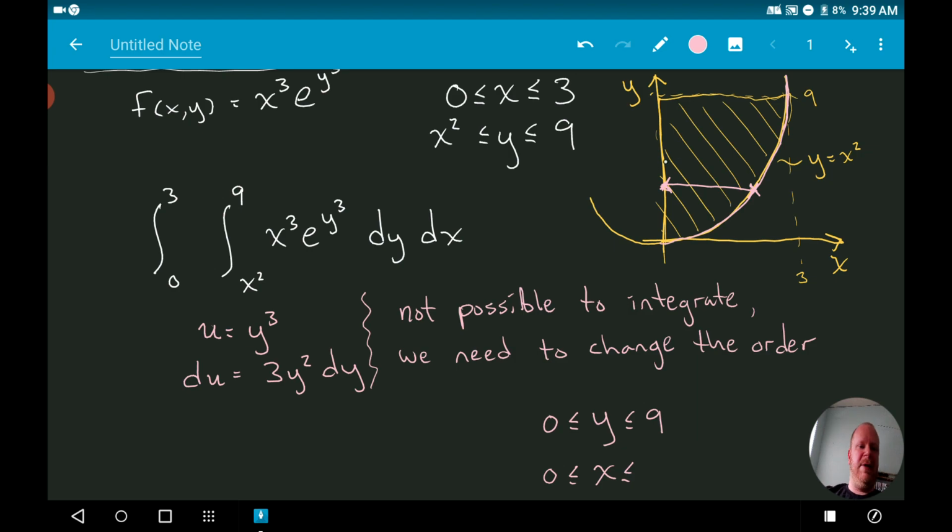So you can probably see that I can rewrite this. If I'm talking about just the right-hand part of this curve, I can say that x is equal to square root of y. Okay. So y is in between 0 and 9, x is going to be in between this curve, x equals 0, and this curve, x equals positive square root of y.